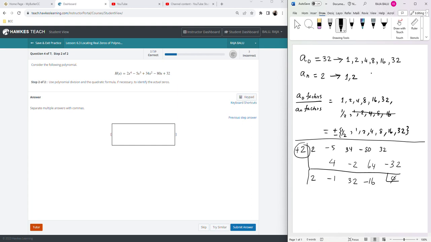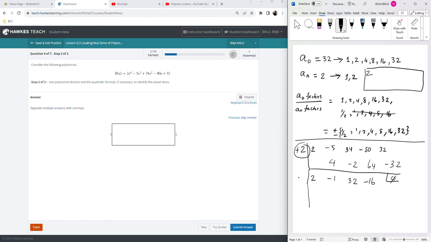So positive 2 is a factor. Let me put a little box here, whatever I found. So positive 2. The remainder is actually 2x to the power 3 minus x. So we can continue division over here. We know 1 didn't work out, negative 1 didn't work out, 2 worked out.